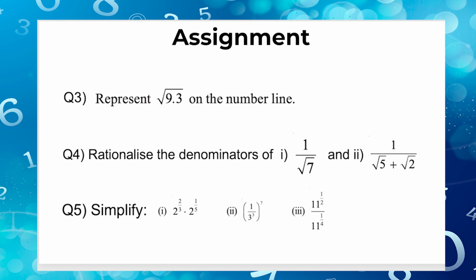Now we come on to question number 5, that is simplify. First part, 2^(2/3) into 2^(1/5). Second part, (1 by 3 cube) whole power 7. Third part, 11^(1/2) upon 11^(1/4).